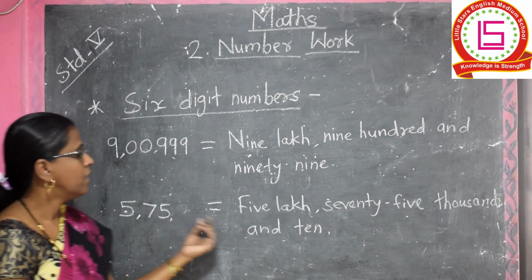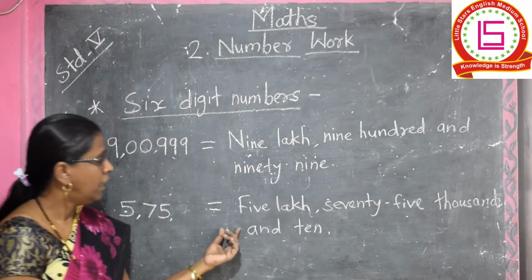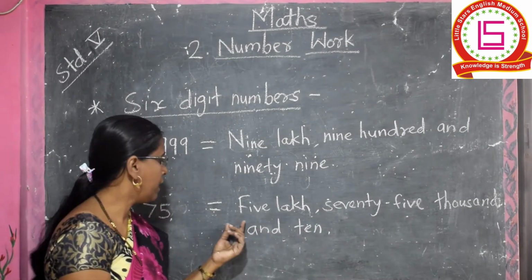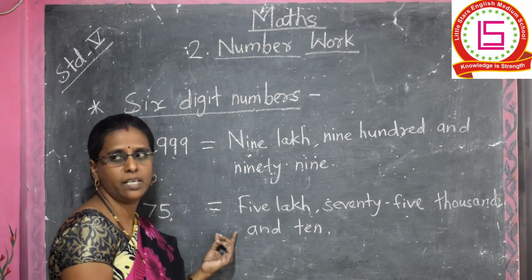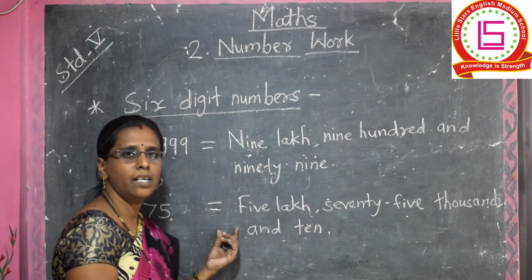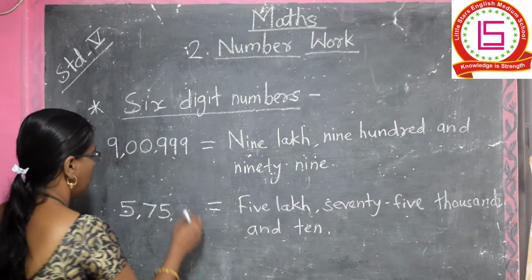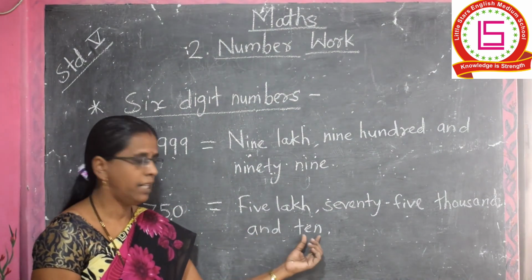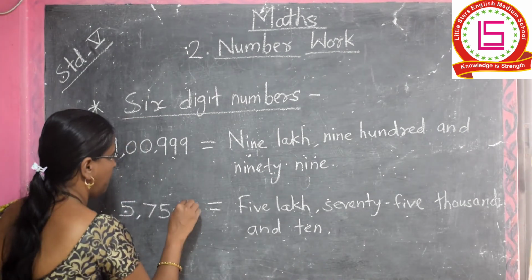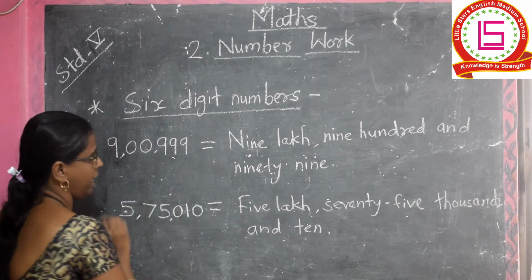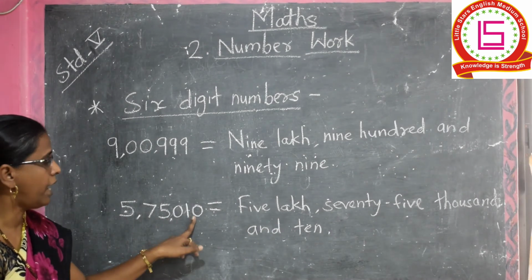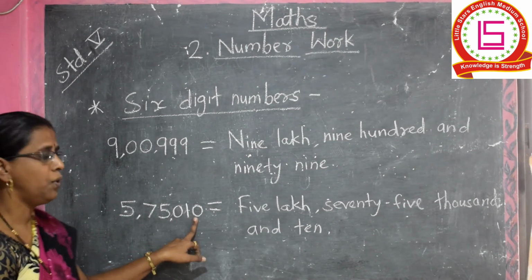The digit at the 100 place is not given here, so we write 0 at the 100 place, and after that 10 at the tens place and unit place. See here, 5,75,010.